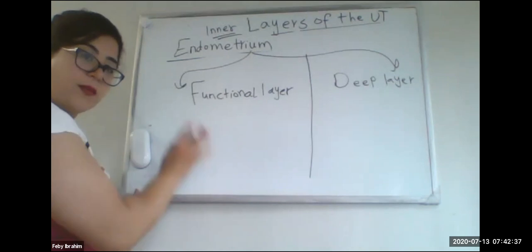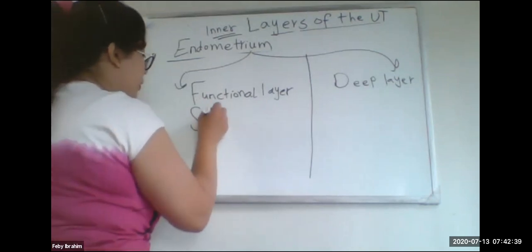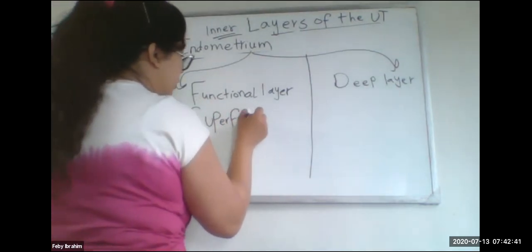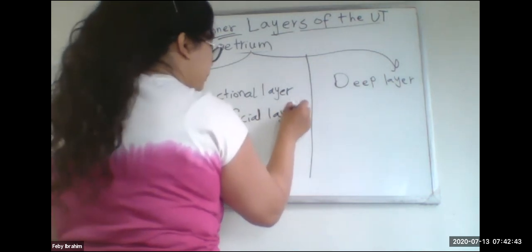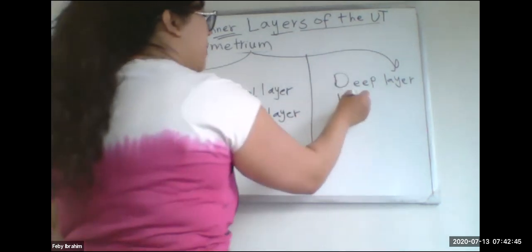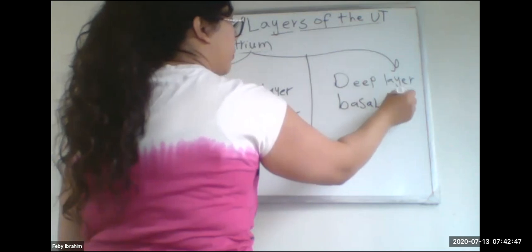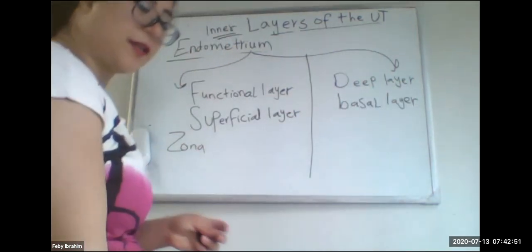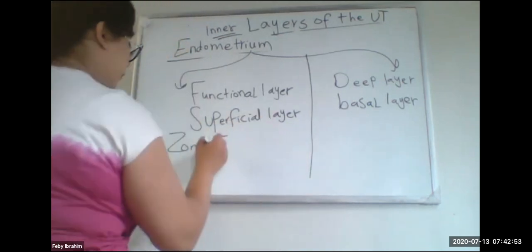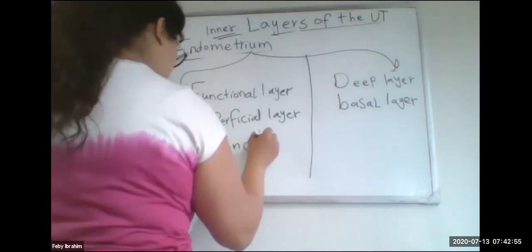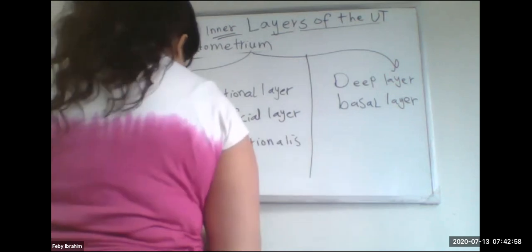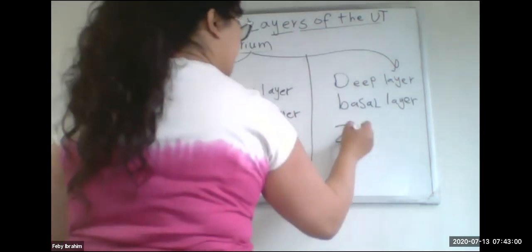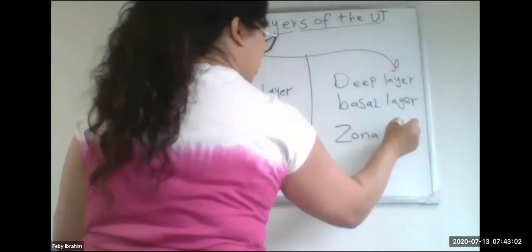Other names for the functional layer: superficial layer, and zona functionalis. The deep layer is also called the basal layer, or zona basilis.